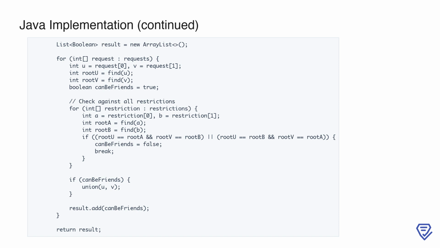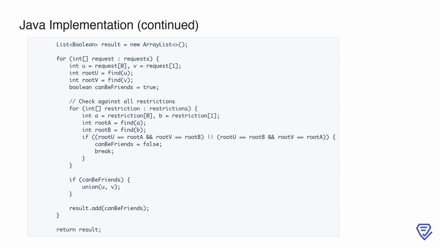Now, we create a list called result to store the outcome of each friend request. For every request, we extract the two users, U and V, and find their respective roots using the find function. We then assume the request can be granted by setting can-be-friends to true initially. To verify this assumption, we iterate through all the restrictions.